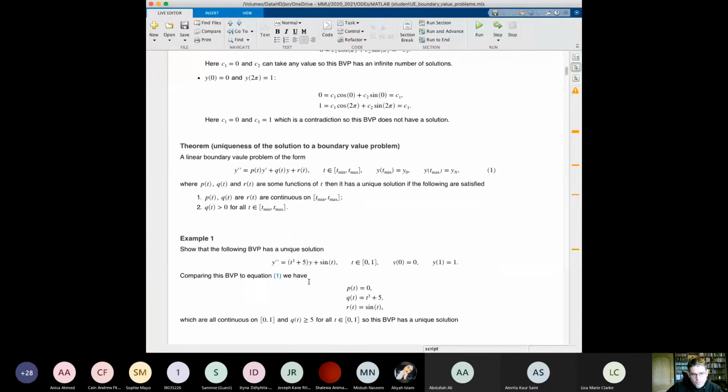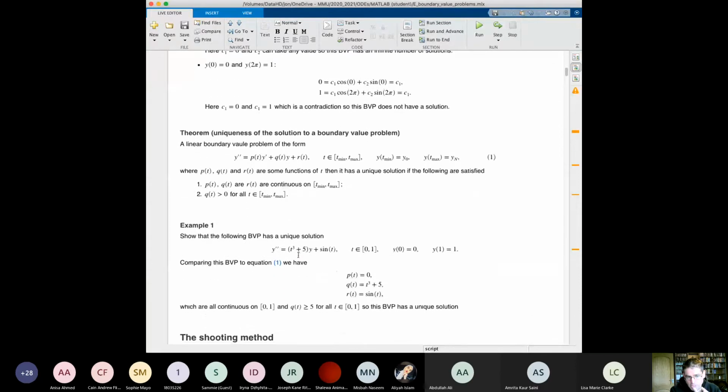Now, for linear ODEs, it's possible to determine whether a boundary value problem has a solution or a unique solution.